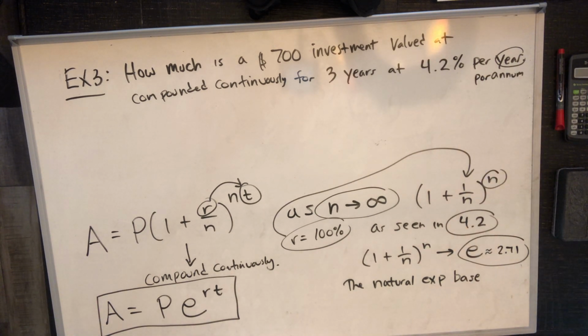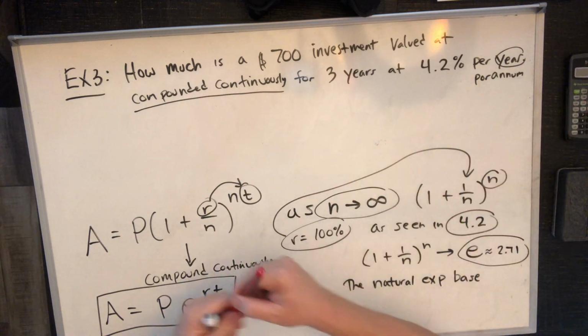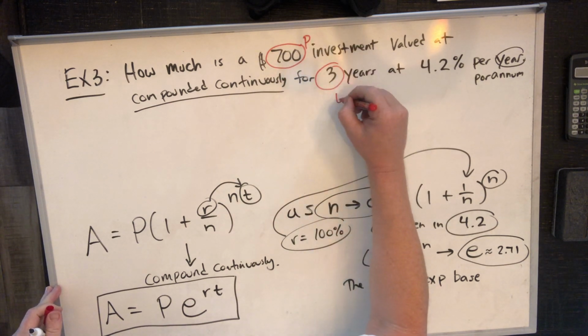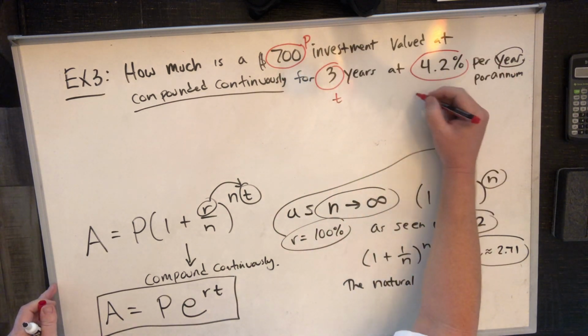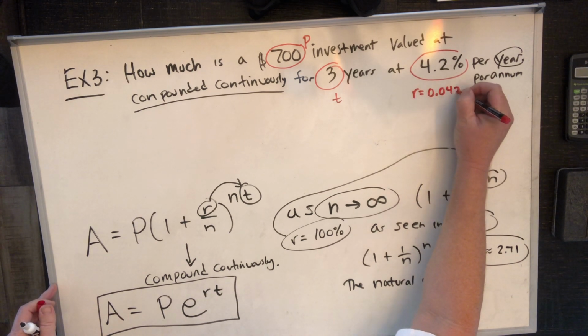So, compounded continuously for 3 years. We have our principal, $700. Our time is 3 years. And our interest rate is 0.042.